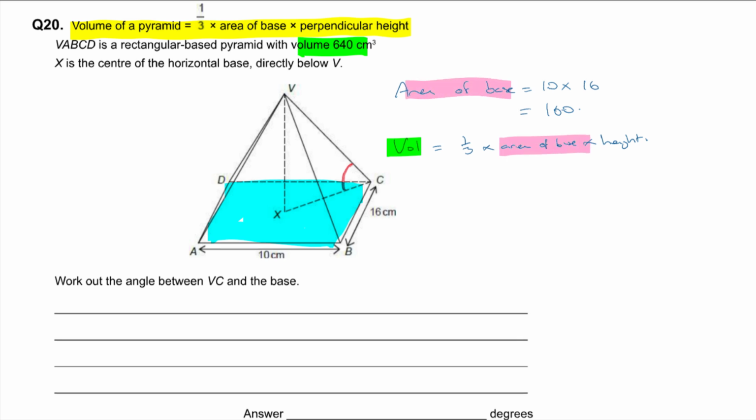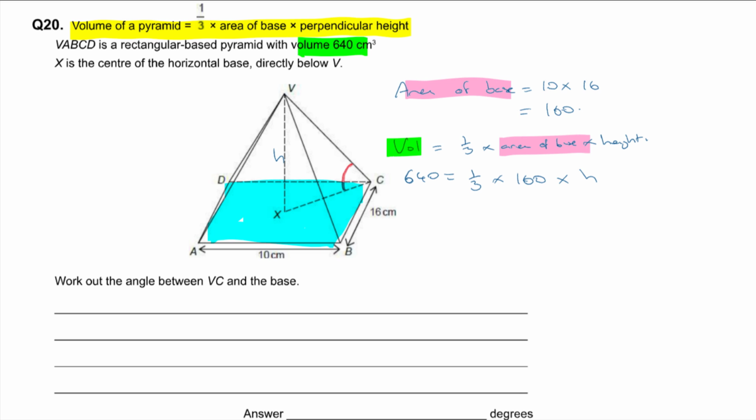We know what 1/3 is, and that just leaves a height, so we can use this then to find the perpendicular height of the pyramid. So let's sub in the things that we know then. So 640 is equal to 1/3 times the area of the base, which is 160, times the height. Okay, which we're going to find. Just put height in there so I know what I'm finding.